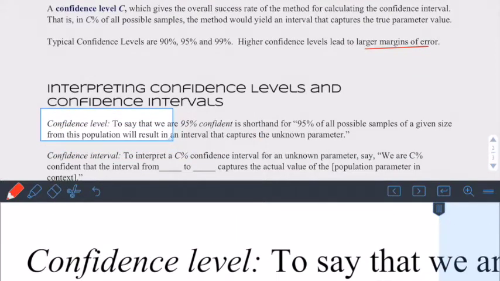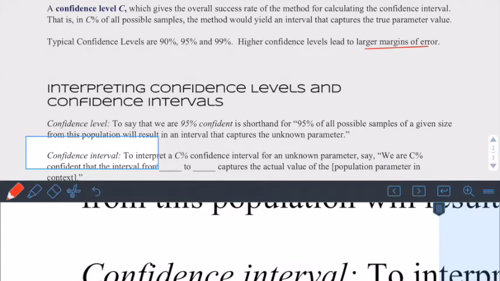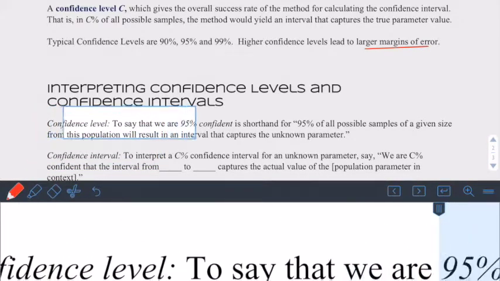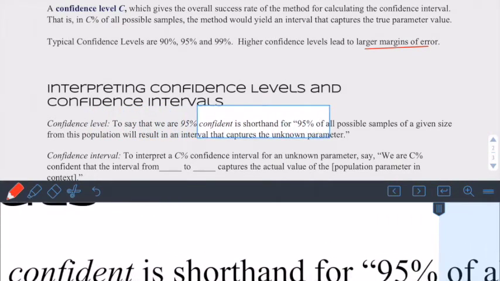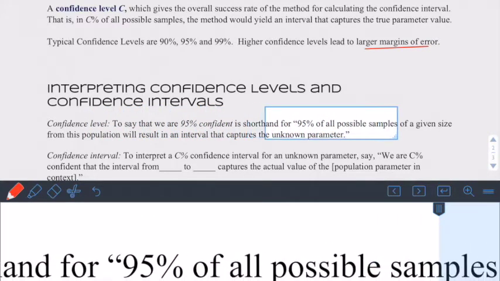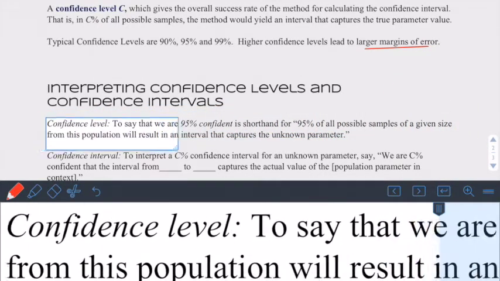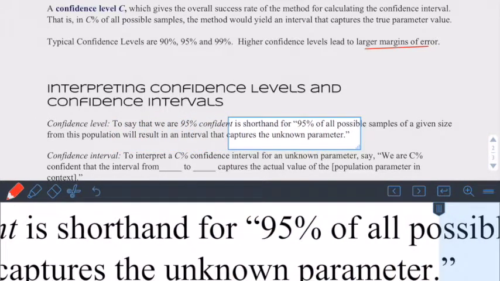So we have interpreting confidence level versus interpreting confidence interval. That confidence level, remember, we say that we are 95% confident is shorthand for 95% of all possible samples of a given size from this population will result in an interval that captures the unknown parameter.